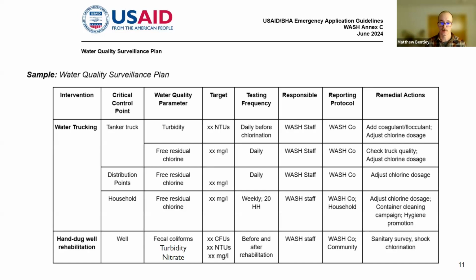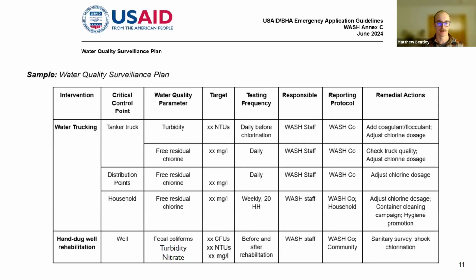You list the target as well as the testing frequency. So what is our goal? What is the acceptable level of whatever that water quality parameter is, and how frequently are we testing for that? And that will depend as well. Who is responsible for actually conducting the water quality testing and ensuring that there's safe water supply to beneficiary populations? And who is that reported to when there's an exceedance, or when things are not within the target ranges for different parameters?